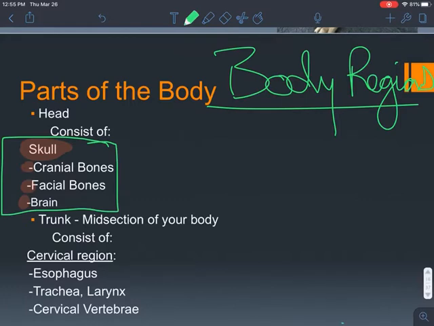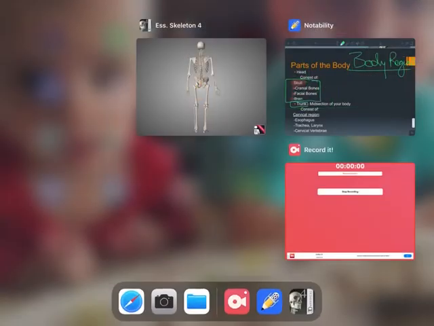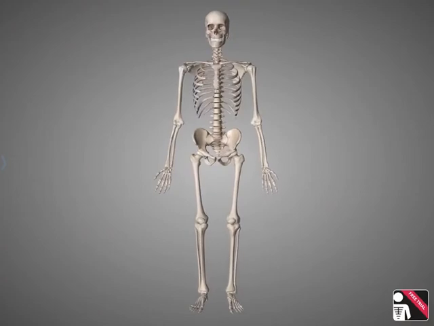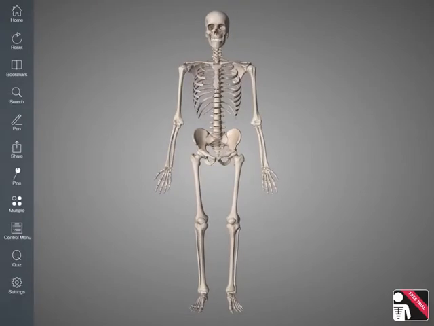Moving inferior to that, we have this whole region of the trunk. So the trunk essentially goes from your neck. Let me show you. So I think I could write on this, right? So it goes from the neck.